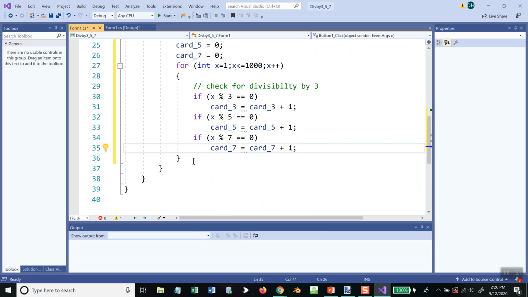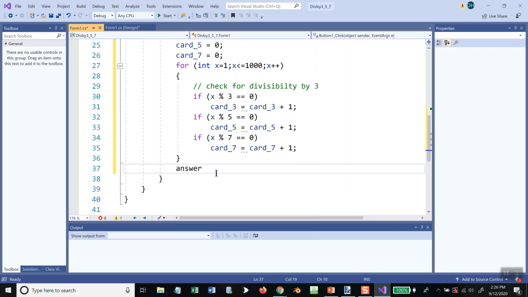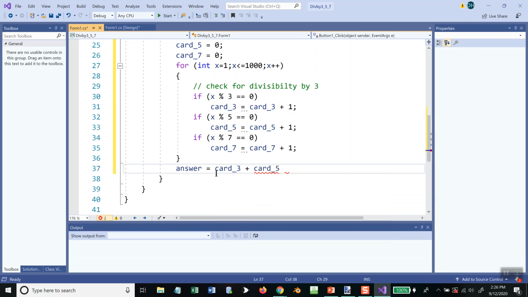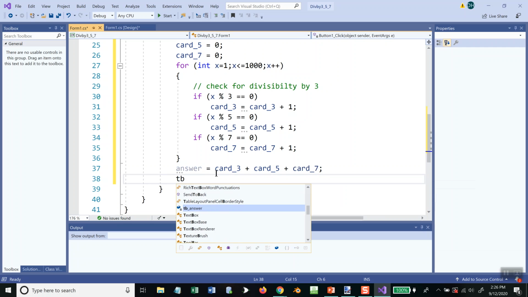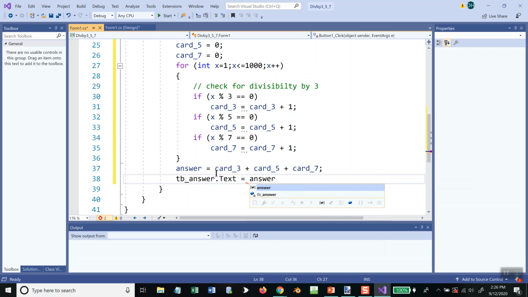Okay, so then down here, my answer is going to equal card 3 plus card 5 plus card 7. And I want to write it out. I put it in the text box. Was this ToString or just string dot value? I think it's ToString. I teach various programming languages, so I get them mixed up.